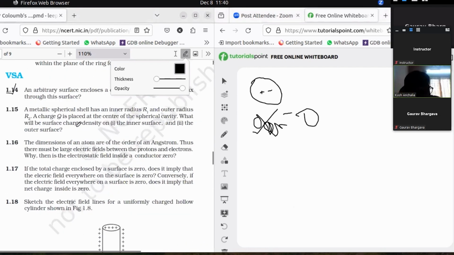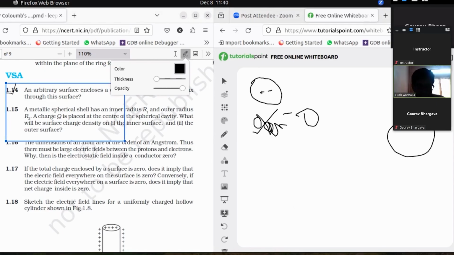And the next is the metallic spherical shell with an inner radius R1 and outer radius R2. A charge is placed at the center of the spherical cavity. What is the surface charge density on the inner surface? Very easy. Surface density is charge divided by area. E is kq by r square.